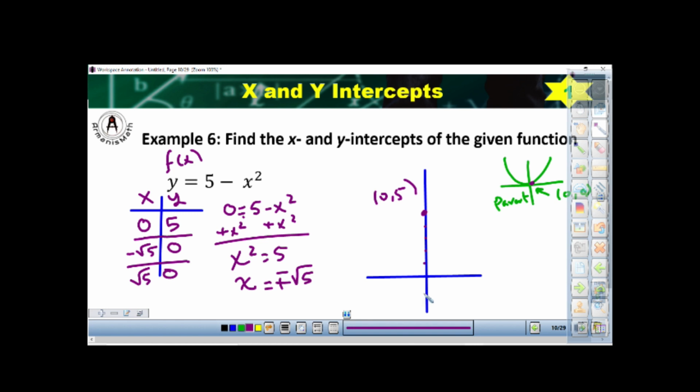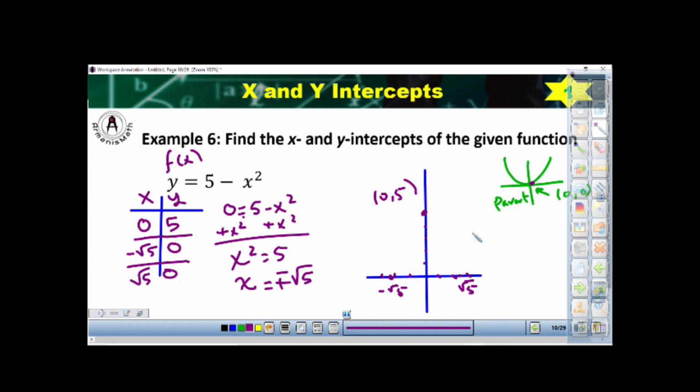How about the x-intercept? Well, you got one of them at square root of 5, which we said is a little bit closer to 2. So it's 1 and 2 and 3. You're somewhere here. Negative square root of 5, and 1 and 2 and 3, you're closer to the 2 than to the 3, so you're here somewhere, square root of 5.